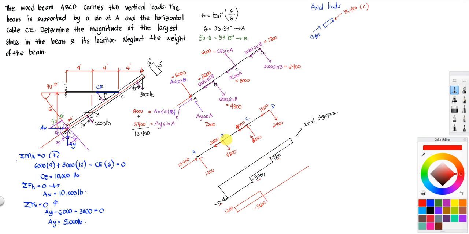And then, from B to C, no other loads. Aangat ako ng 6,000. So, negative 3,600 plus 6,000, you can have 2,400. So, I will be having here 2,400. No other loads. And then, bababa ako ng 2,400. This is now my shear diagram.